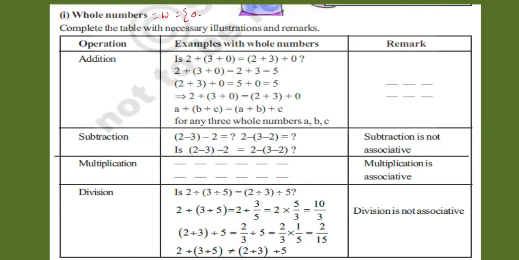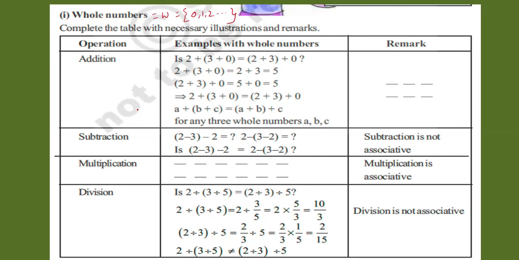If you add 0 to the natural numbers, we can say those are the whole numbers. Among these whole numbers, you take any three and you check the associative property in all the four fundamental operations. Those are addition, subtraction, multiplication, and division.